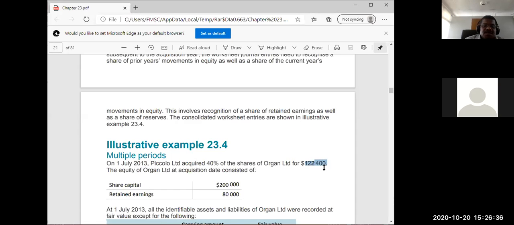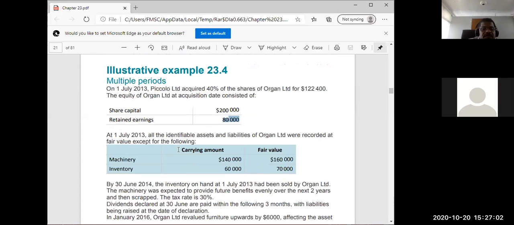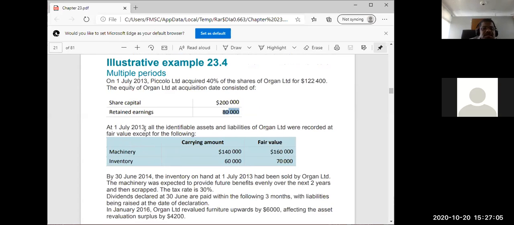Now, this is the purchase consideration, and this is the date of acquisition, DOA, and you are acquiring 40%. At that acquisition date, you will see share capital is 200 and retained earnings is 80,000. Net assets as per the books is 280. Then further information on 1st July 2013, the date of acquisition: there are identifiable assets and liabilities which are not recorded at fair value.